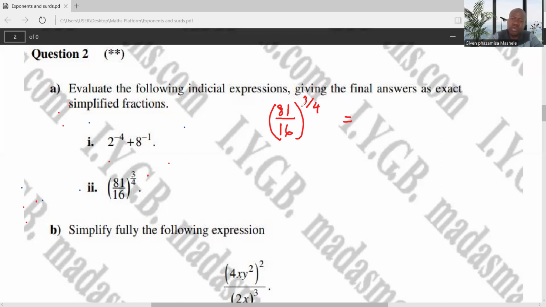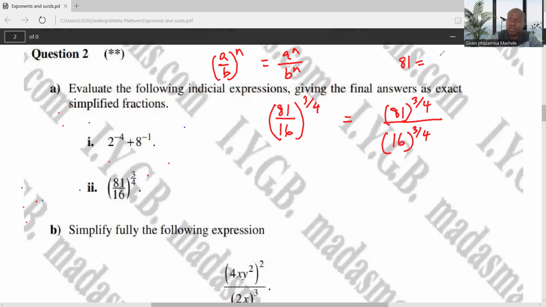We can say, since we have a over b to the power of n, this is the same as a to the power of n divided by b to the power of n. So we're going to say we have 81 everything to the power 3 over 4 divided by 16 everything to the power 3 over 4. But we can expand 81 to have a base of 3 because 81 is the same as 3 to the exponent of 4.